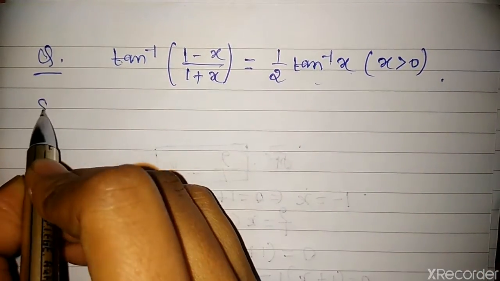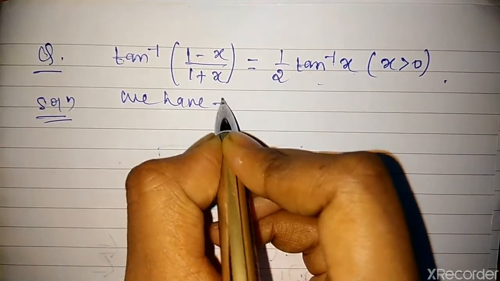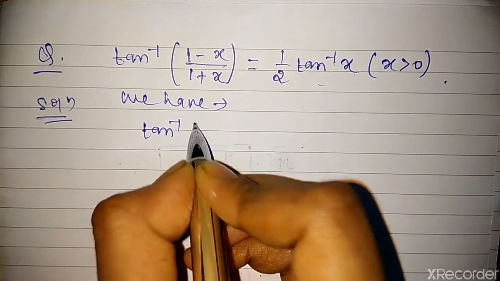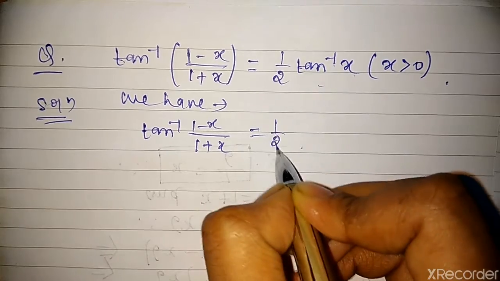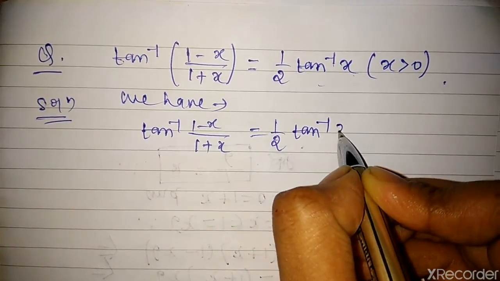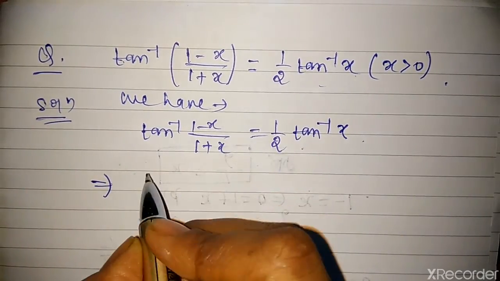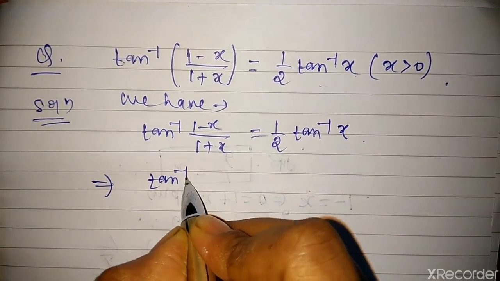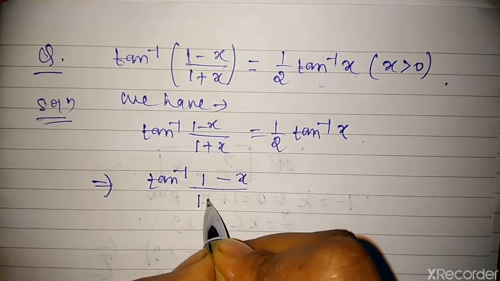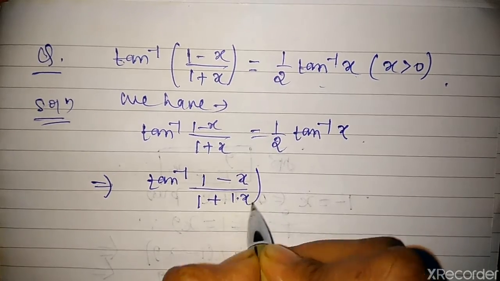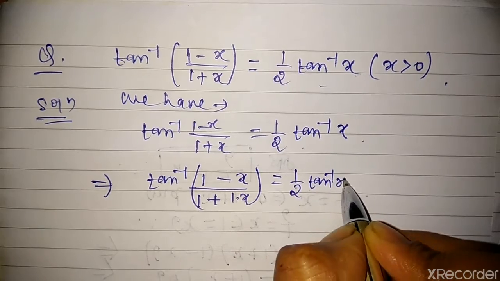So solution. Here we have tan inverse of (1 minus x) by (1 plus x), and this value is equal to half tan inverse x. Right. Now this is simple. What is the formula for this function? We can write this function as tan inverse of (1 minus x) divided by (1 plus 1 into x) equal to half tan inverse x.